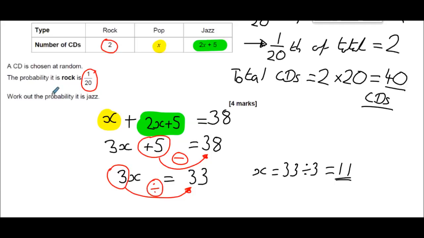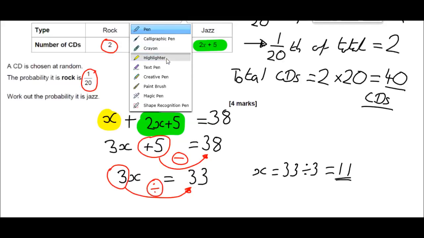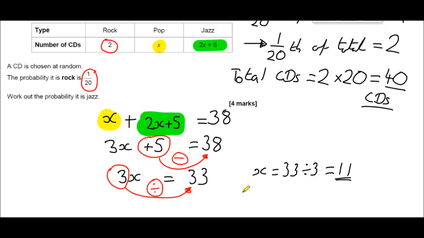But what we're wanting here is a probability that a CD being picked would be jazz. So first of all, we need to work out how many jazz CDs there would be in total. So we know from before, from the question, that the total number of jazz CDs is 2x plus 5.